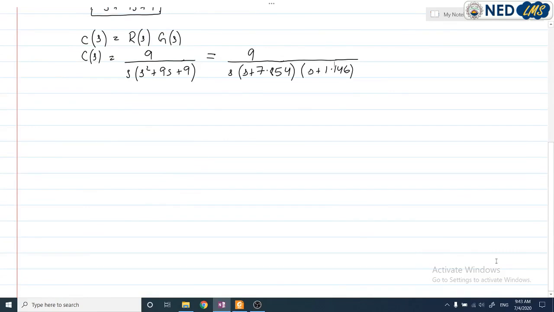If we want the output response, then we have to perform the partial fraction.